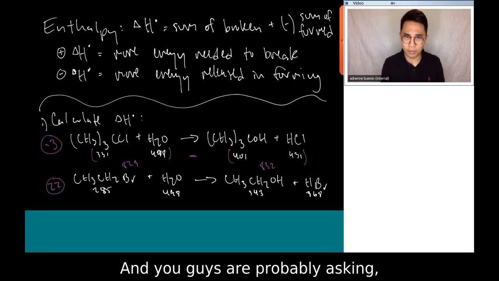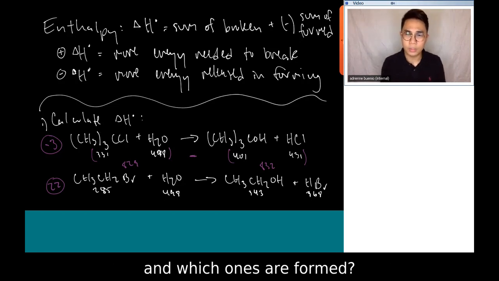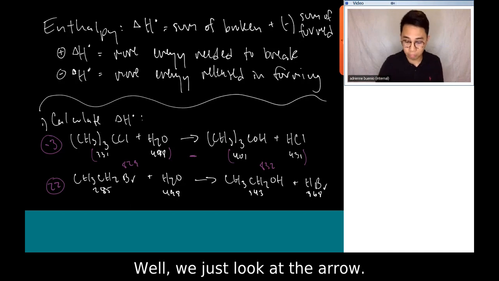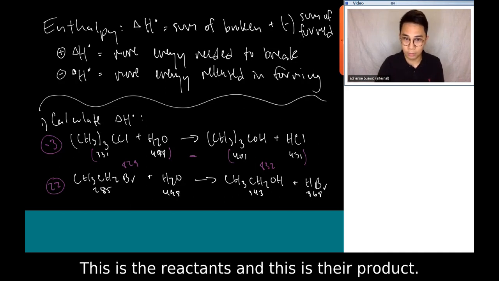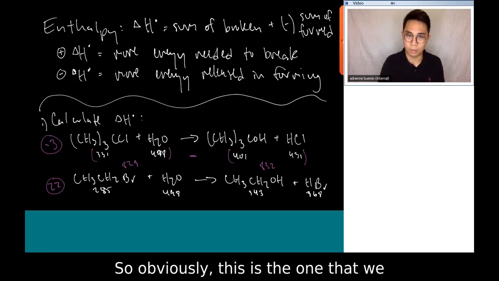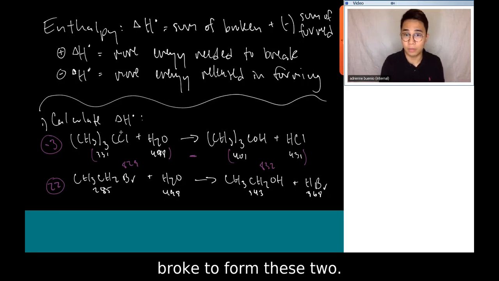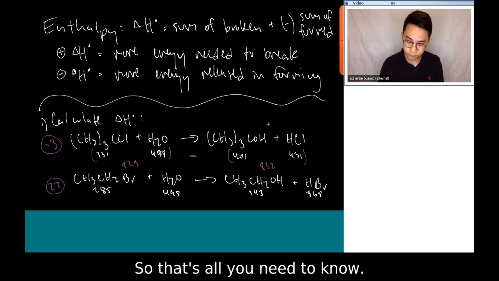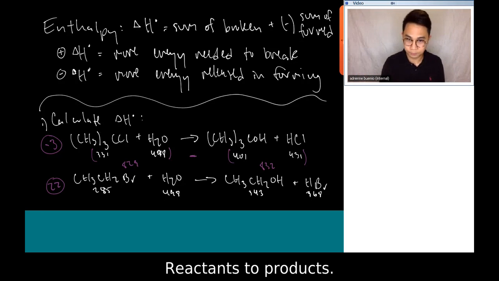You're probably asking, how do we know which one's the broken one and which one's the formed? Well, we just look at the arrow. This is the reactants and this is the product. So this is the one that we broke, to form these two. That's all you need to know. Reactants to products. Same thing over here, minus again.